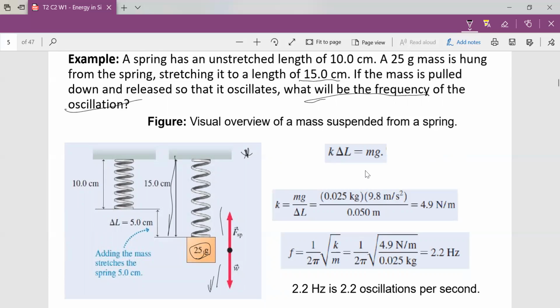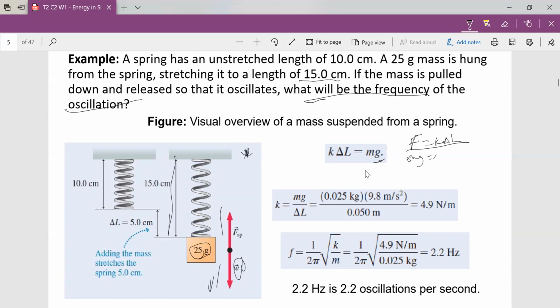So we'll begin solving from F equals ma, but in this case, we're referring to g because of the presence of the weight, which is the gravitational pull on that object.